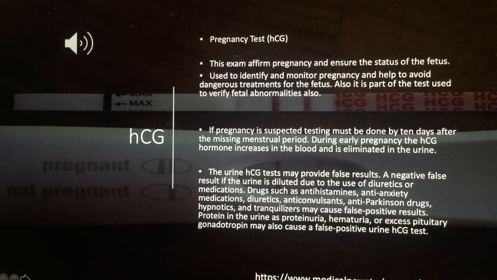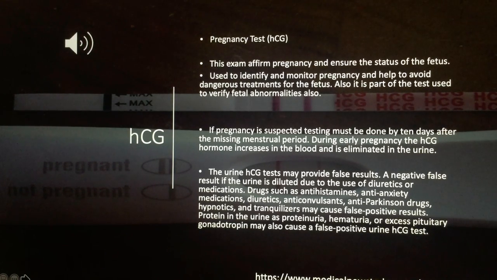HCG is a pregnancy test, and this exam is performed to affirm the pregnancy of the female patient. It's very important to know that if pregnancy is suspected, it must be performed by 10 days after the missed menstrual period to avoid any dangerous treatments for the fetus.